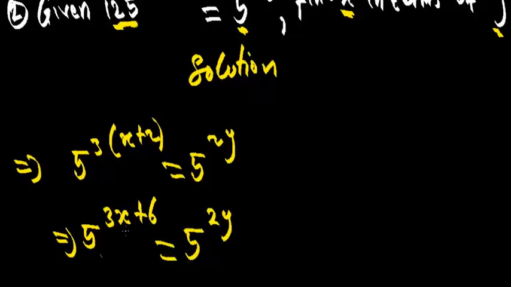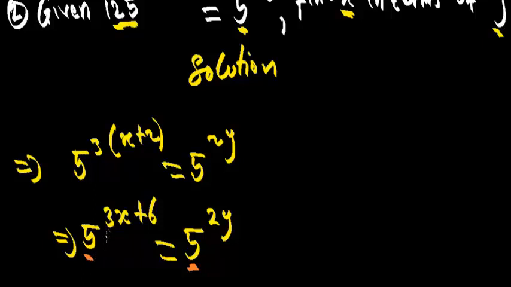From here, we see that our bases are the same. We have the same bases, that is 5 and then 5. So once we have the same bases, then our indices must be the same. If the indices are not the same, then the left side will not be equal to the right side.